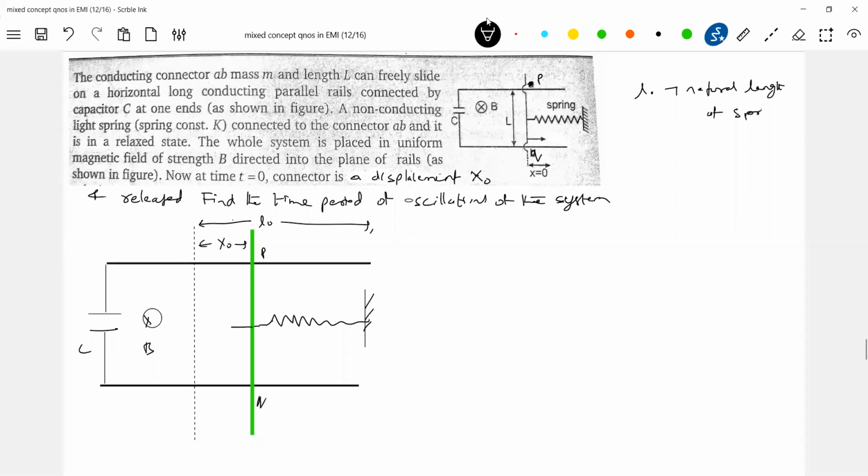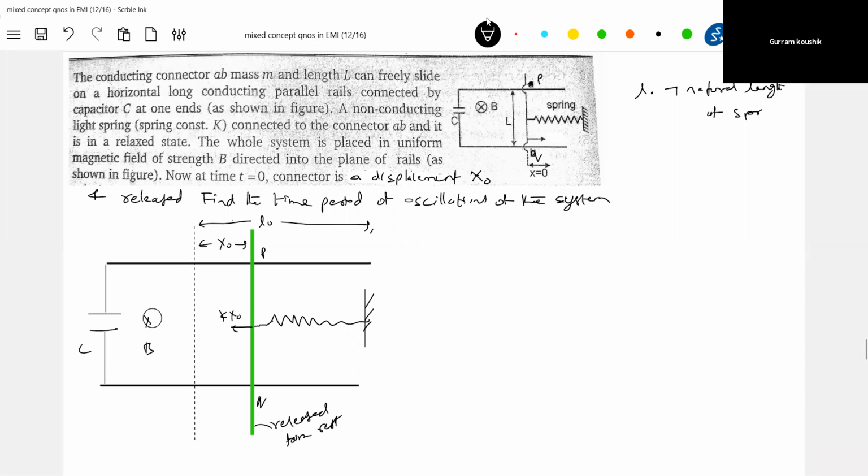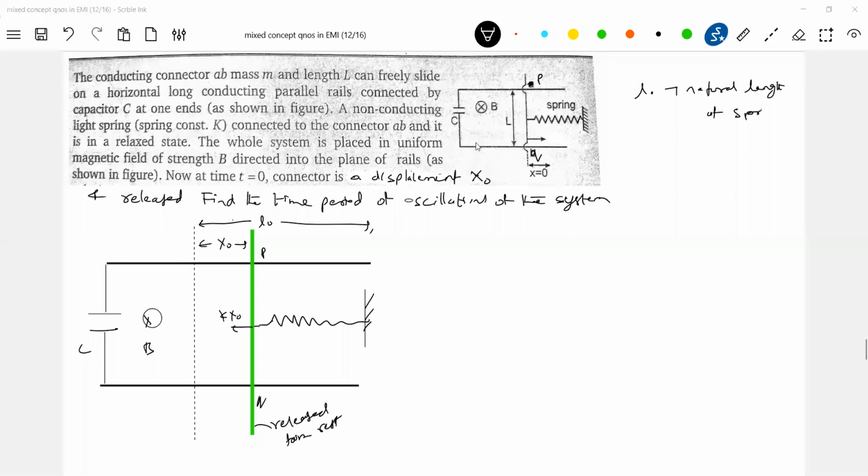Spring force will act here, no? This is released from rest. Kx naught will act, and as it starts accelerating, the moving rod will behave like a cell, then EMF will be induced, then the charge will get deposited in the capacitor, then the rod will accelerate. Then we have to check what is the time period of oscillation.